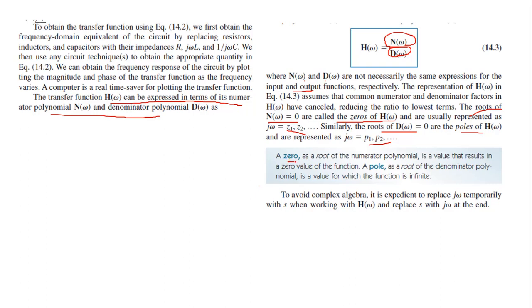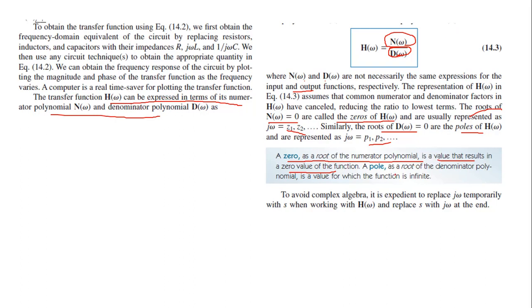A zero is a root of the numerator polynomial, a value that results in a zero value of the function. When the numerator becomes 0, H of omega tends to become 0.